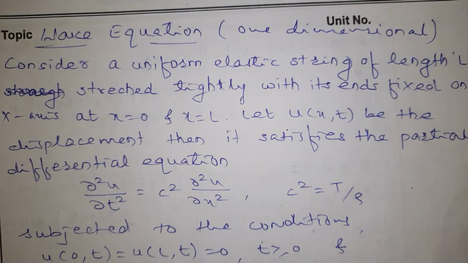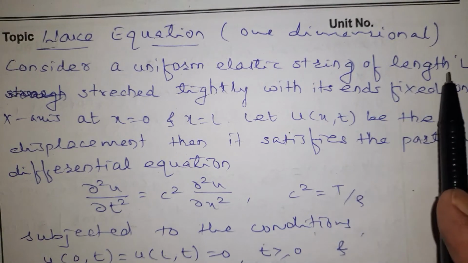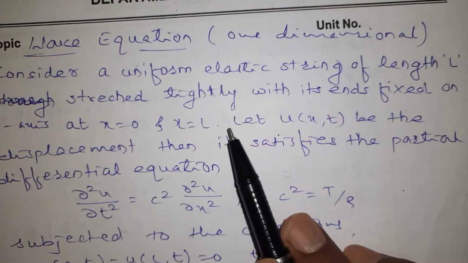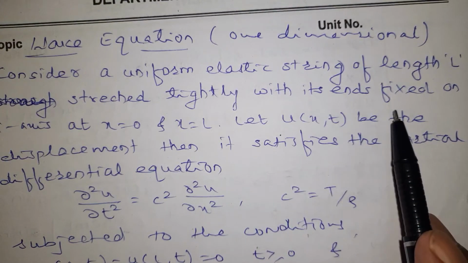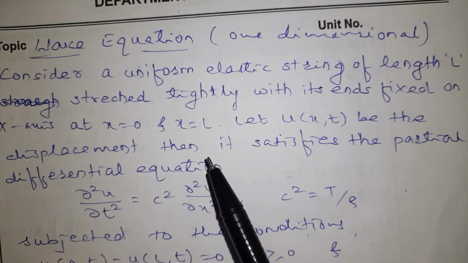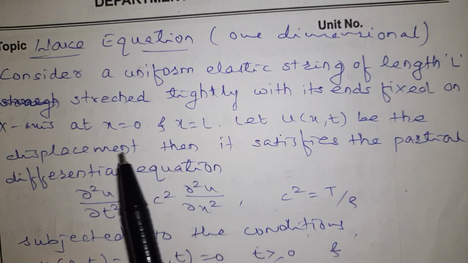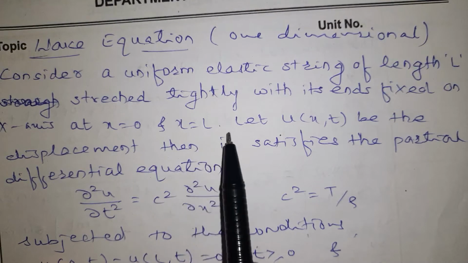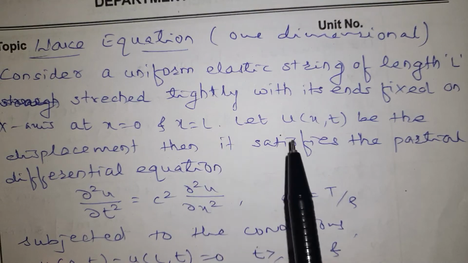So consider a uniform elastic string of length L stretched tightly with its ends on the axis. We call it the x axis. So the limits are x equal to 0 and x equal to L at 2 points.